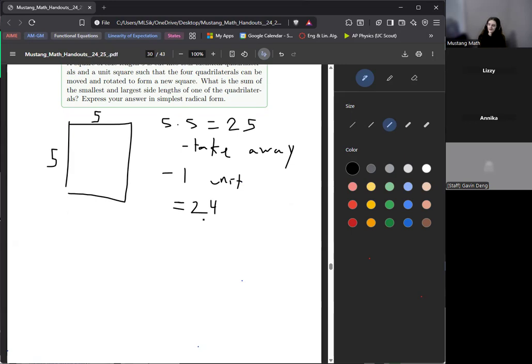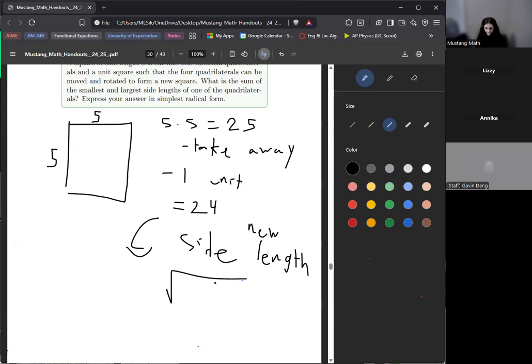So if our new square has area of 24, then what will its new side length be? Yeah, so square root of 24, and we can simplify that into 2 square root 6.